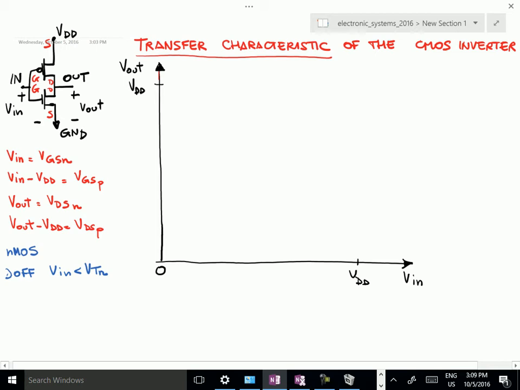This on the XY axis is a region of the plane, because for example this is VTN. V in smaller than VTN means this region, the region to the left of this vertical line. So in this region the N MOSFET is off.